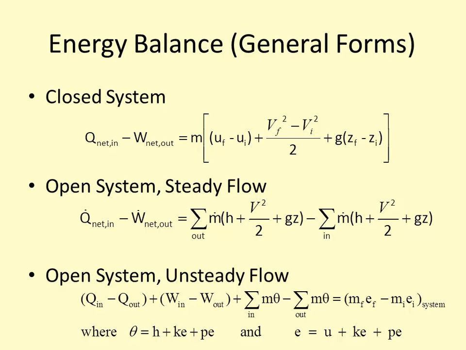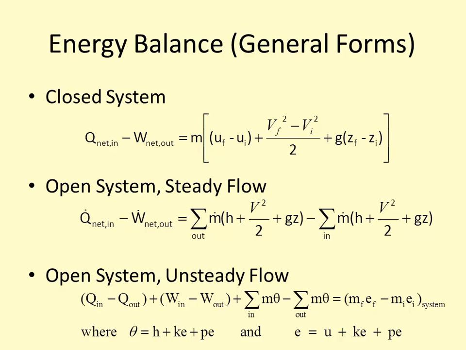And then we spent maybe one day, I guess, on unsteady flow, and the equation for that is here. It's very similar to open system steady flow, but in this case, we have some energy change from the initial to the final state of our system. With steady flow, the properties are not changing with time, but with unsteady flow, because they change with time, we need to consider a finite beginning and end point when we analyze our system.